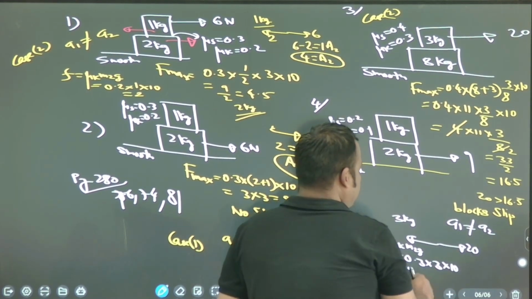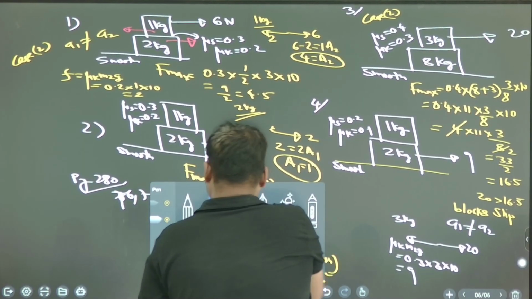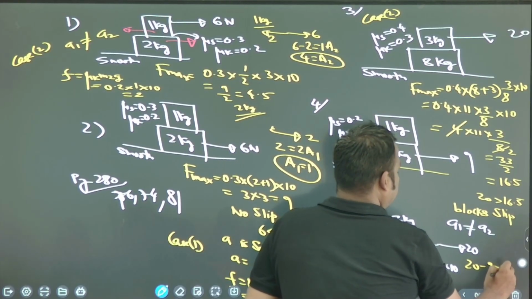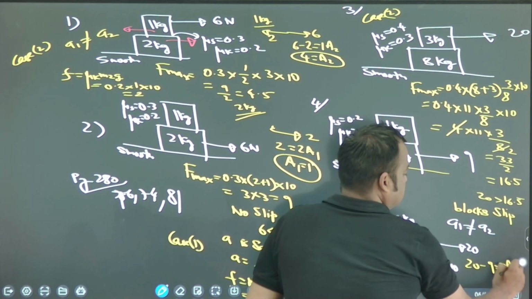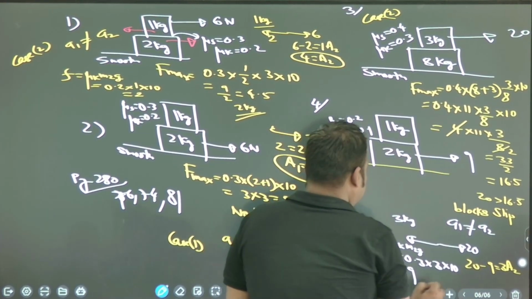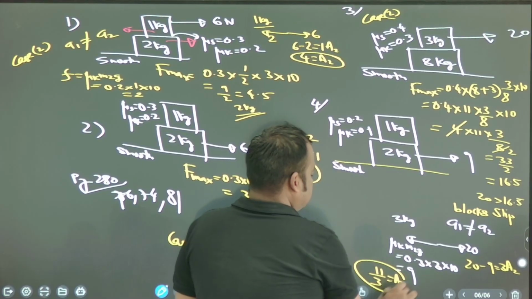So 20 minus 9 is equal to ma. 20 minus 9 is equal to 3 into a2. So 11 by 3 is equal to a2.